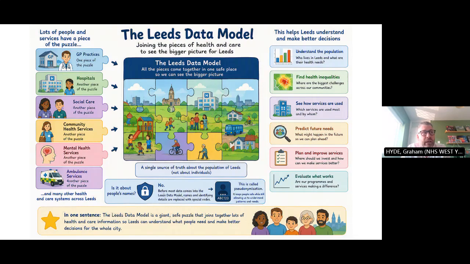Everyone has a little piece of a very big jigsaw puzzle. The GP has a piece, the hospital has a piece, social care has another piece, community services have yet another piece. On their own, each piece only shows part of the picture. The Leeds data model is a giant table where all the puzzle pieces are carefully put together so people can see the bigger picture of what is happening in Leeds.